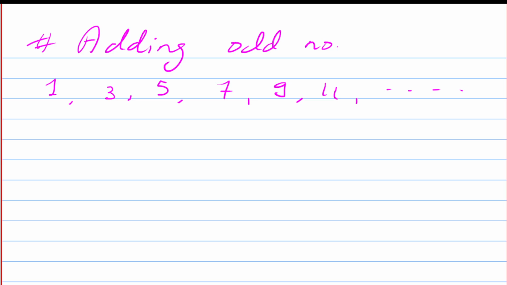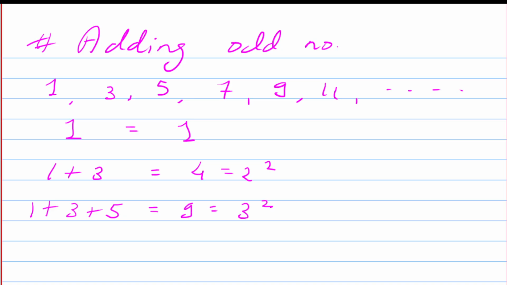If I want to add them, let us say I take the first odd number, 1, there's nothing with it, so 1. If I add 1 plus 3, that gives me 4, which is 2 square. If I add 1 plus 3 plus 5, it will give me 9, which is 3 square. If I add 1 plus 3 plus 5 plus 7, it will give me 16, which is 4 square.